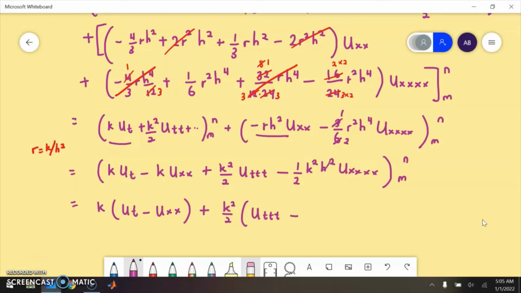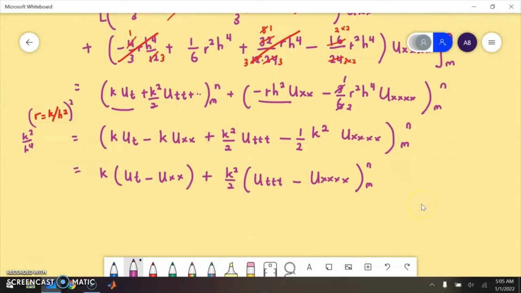You won't be able to have h squared because of r squared. So this should just leave k squared. Because if this is r, what is r squared? I have k squared over h to the 4. So h to the 4 and h to the 4 cancel out here. So that will give me this term. Okay, so this is the heat equation.